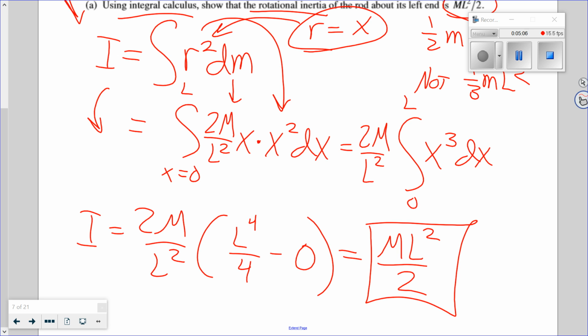So there's x squared, it's r squared. dm is this function that they gave, dx. So I showed how I plugged those in. That's it. I used integral calculus to evaluate that problem. Problem solved. I probably got all the points.